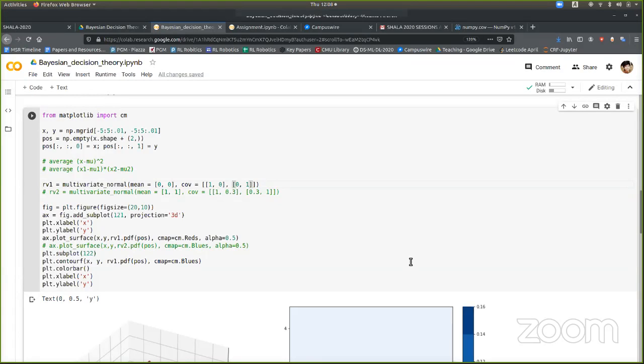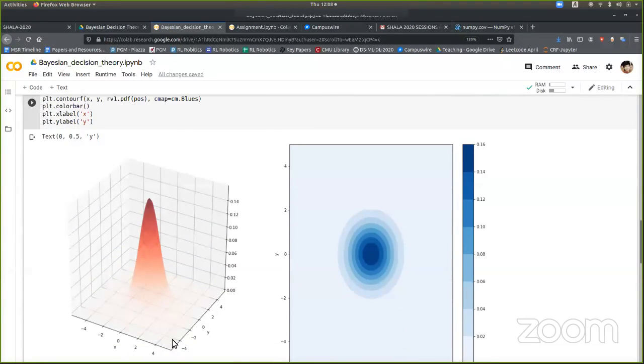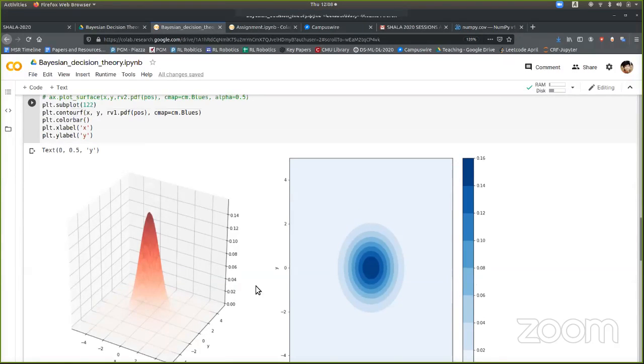And I forgot what np.mgrid is. Can someone explain? So np.mgrid will generate x, y coordinates along a range. In this case we want x and y coordinates in the -5 to +5 range.